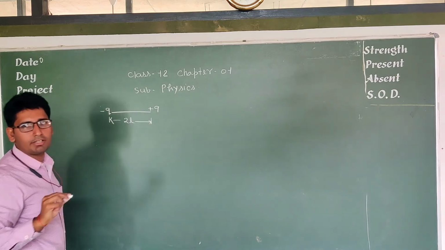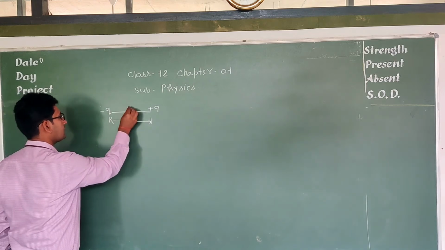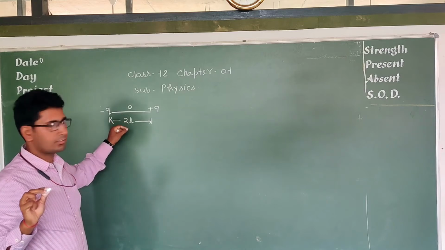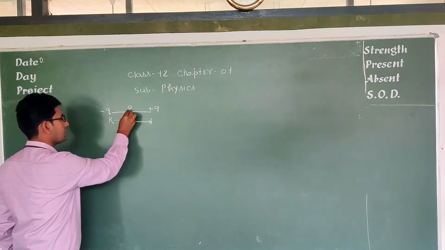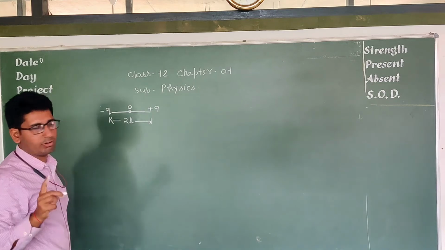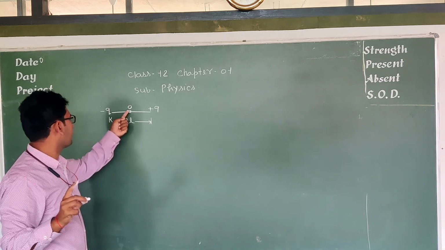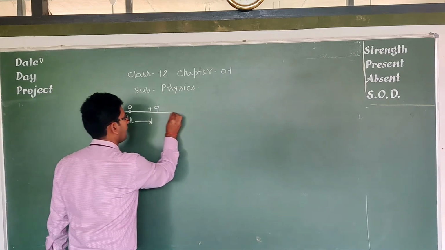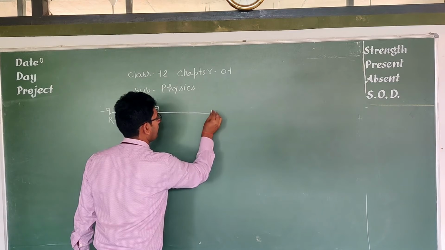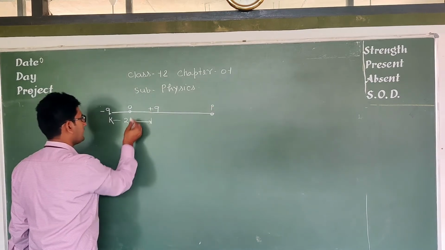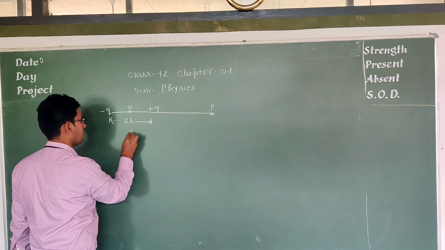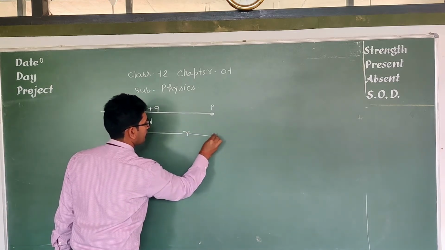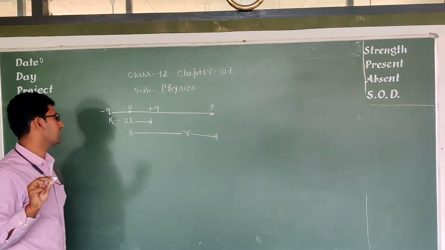And the center of the dipole is O. You remember, the distance is always taken from the middle position of the dipole. And there is another point P, and the distance between the center of the dipole and point P is R. Let us consider.